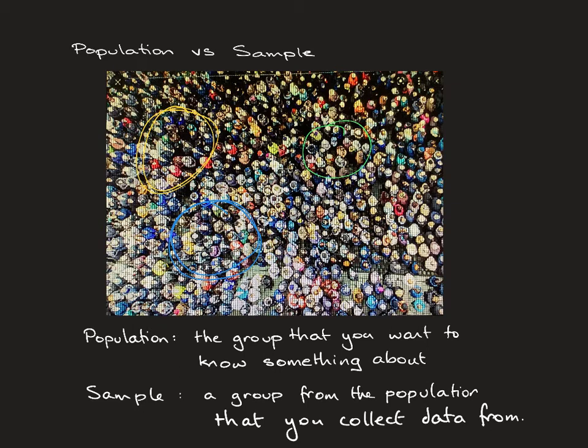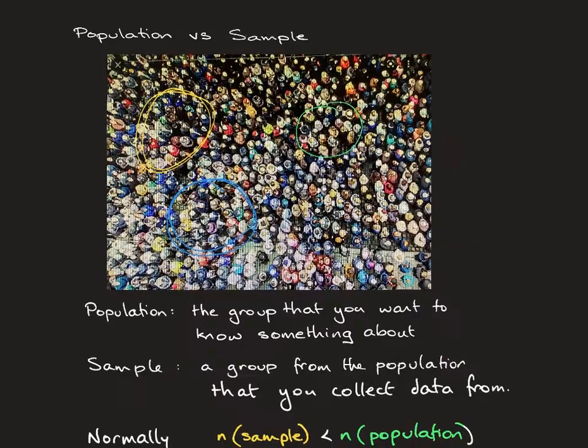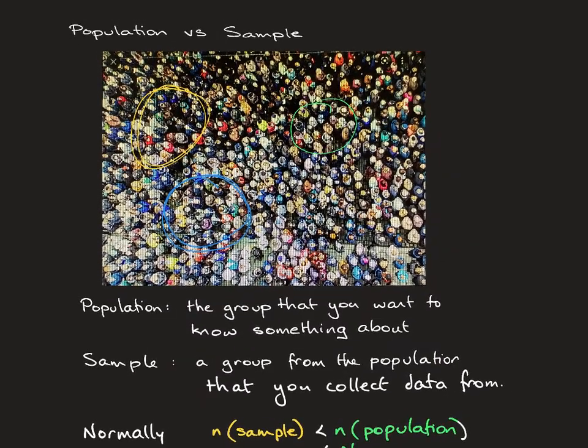Anyway, let's talk about the different sizes that we have for populations and samples and how we write those in statistics. So normally the number of things in your sample is less than the number of things in your population.